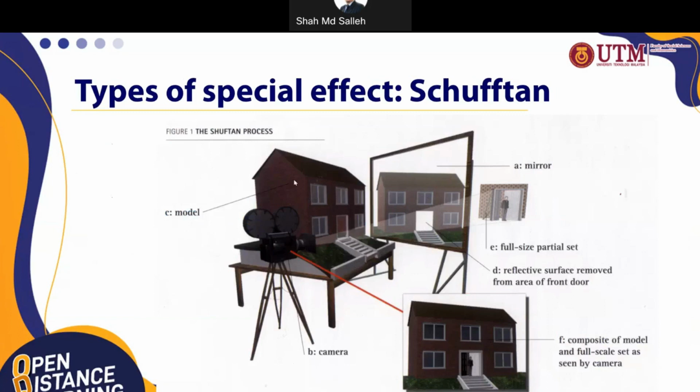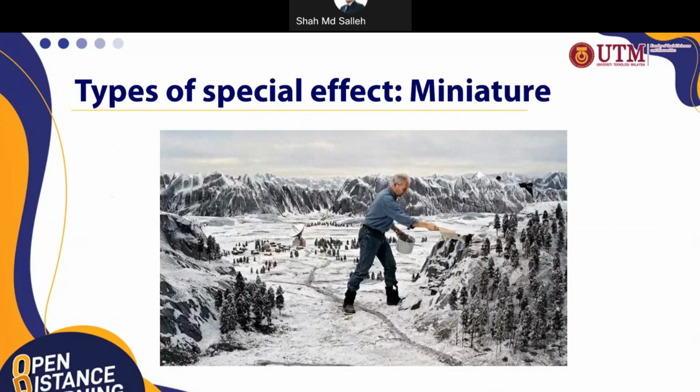Exactly, they are using only a miniature or model. And then after composite, okay, the visual will be like this. Okay, so this is the Schüfftan effect. Okay, and then this is miniature. Sometimes they are using miniature to create the atmosphere, for this example and this picture.